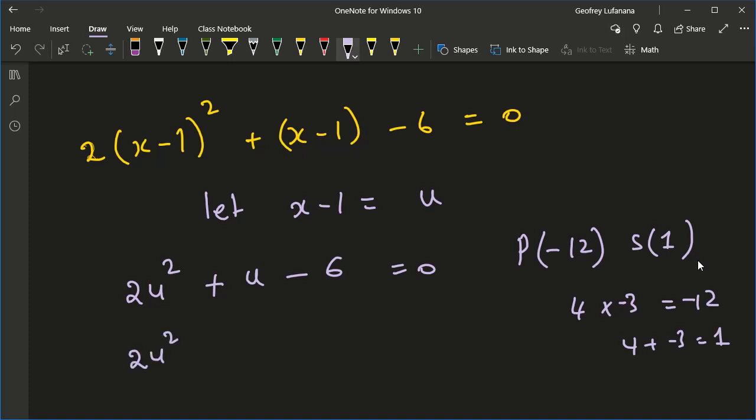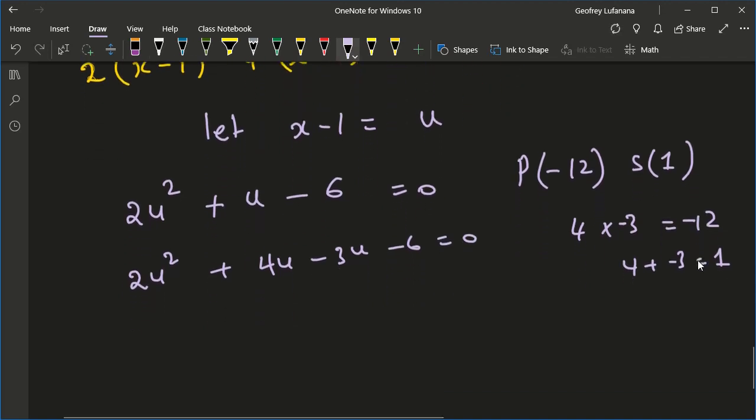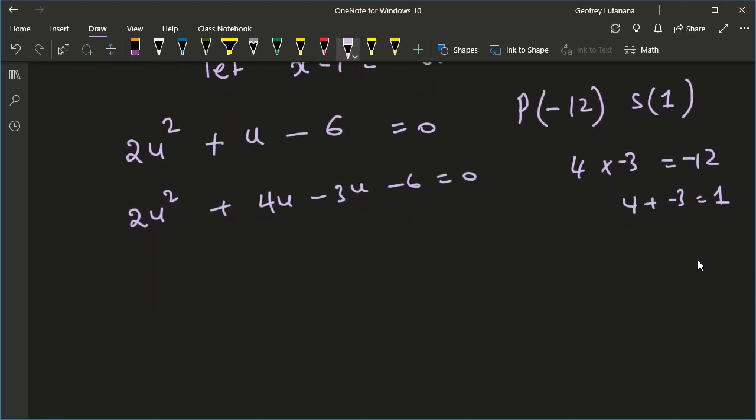So my equation becomes 2u squared plus 4u minus 3u minus 6 equals 0. Now I can factorize these two. So 2u squared and 4u has a common factor of 2u, so that's 2u times (u plus 2). Then minus 3u and minus 6, that is a negative.